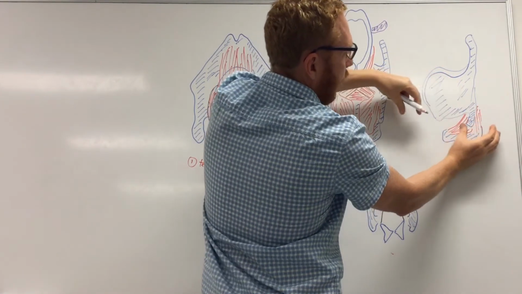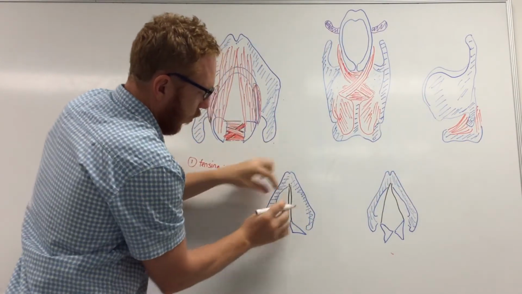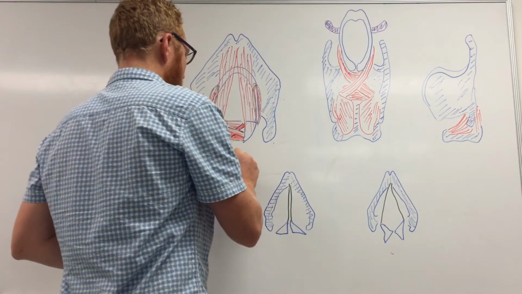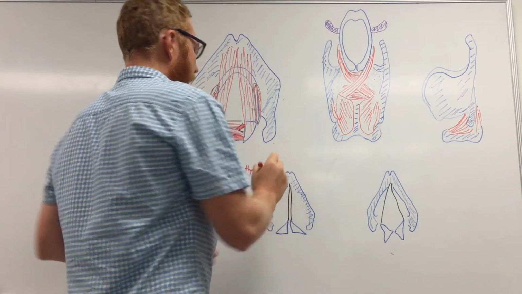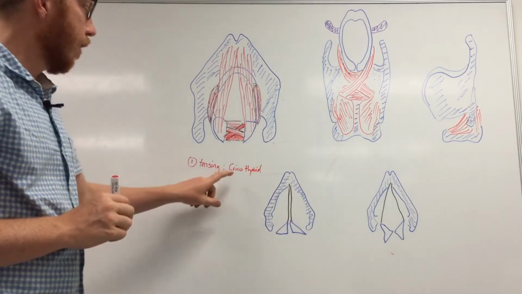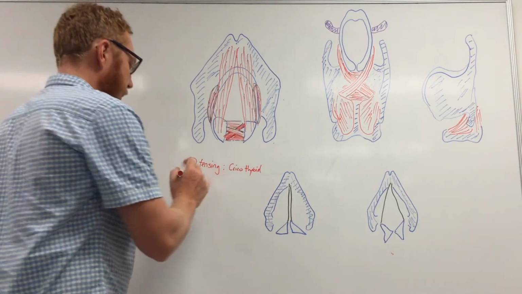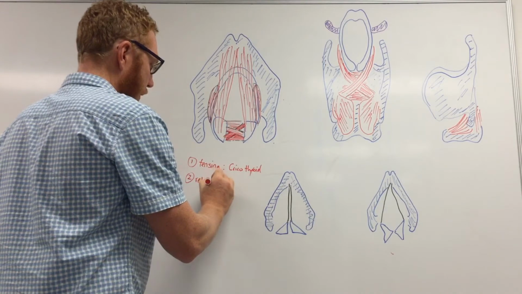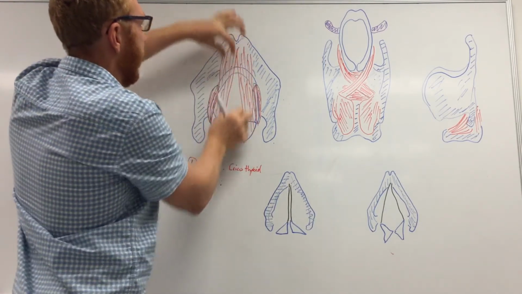So it's going to move it at this joint here, which is going to essentially bring that back, which will tense the vocal cords. So that's done by the cricothyroid. And this is innervated by the external branch of the superior laryngeal, which is a branch of the vagus. Number 2 is relaxing the cord. And the relaxing is done by the vocalis muscle, like so.